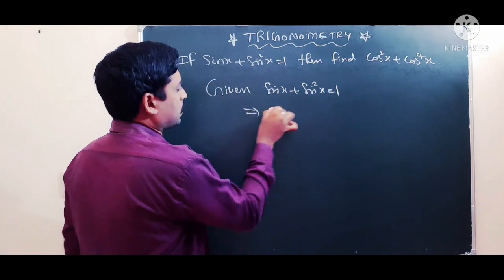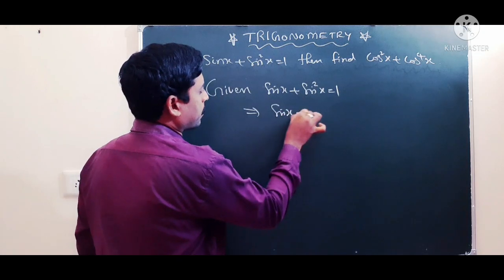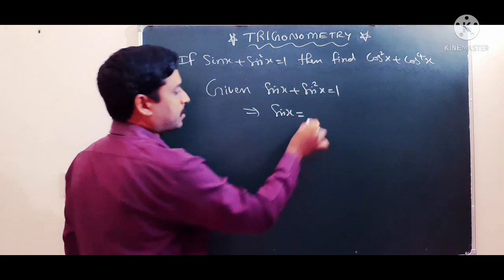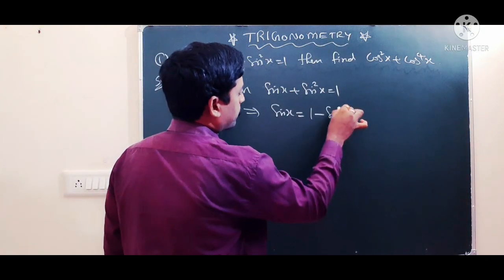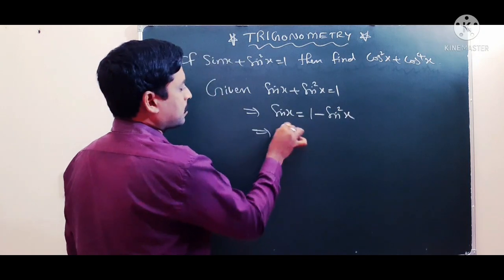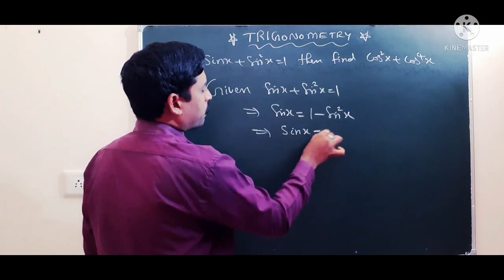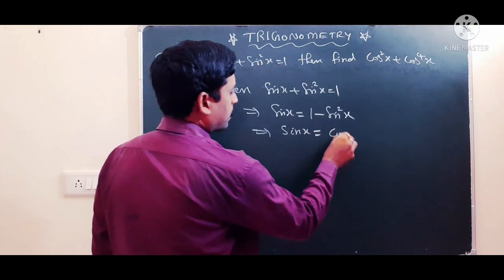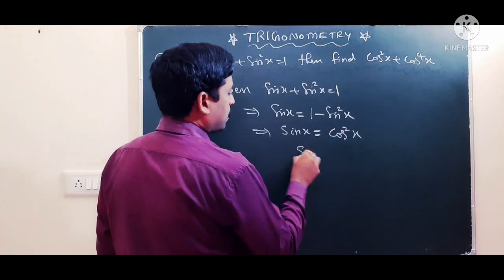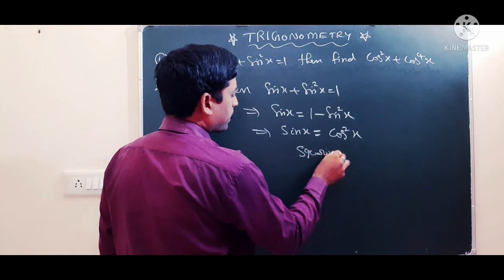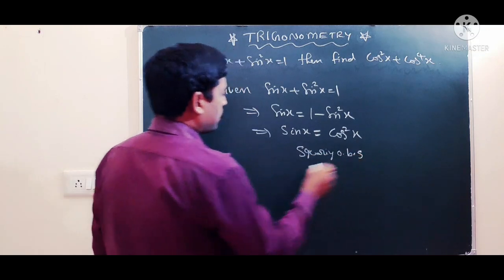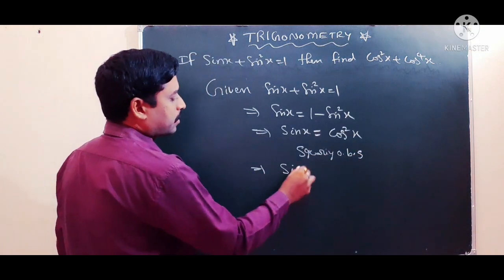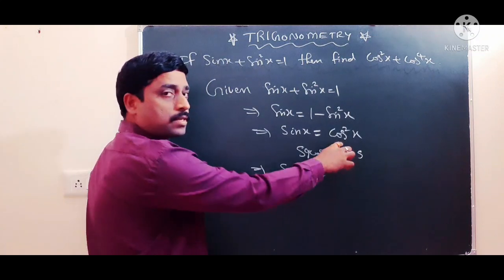Okay, so in this, sin x is equal to, bring the plus sin square x to the right side, 1 minus sin square x. Okay, sin x is equal to, we have the formula 1 minus sin square x equals cos square x. Now squaring on both sides, therefore sin square x is equal to cos square x whole square.